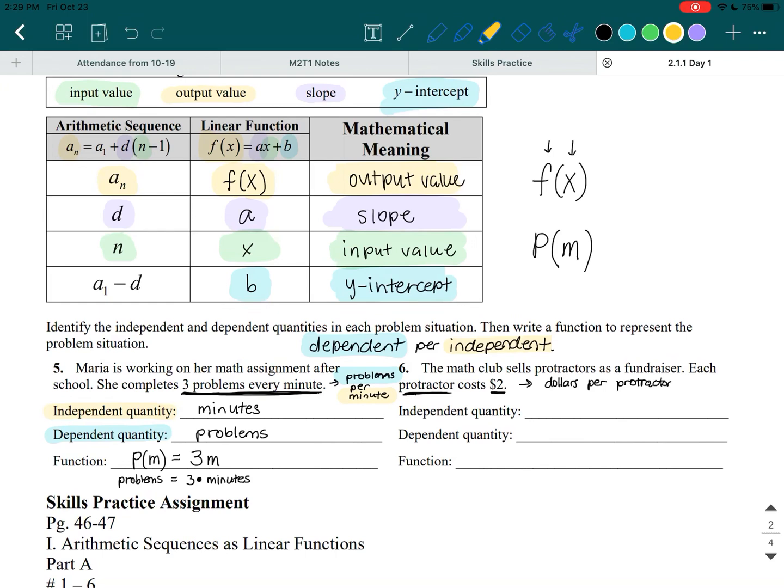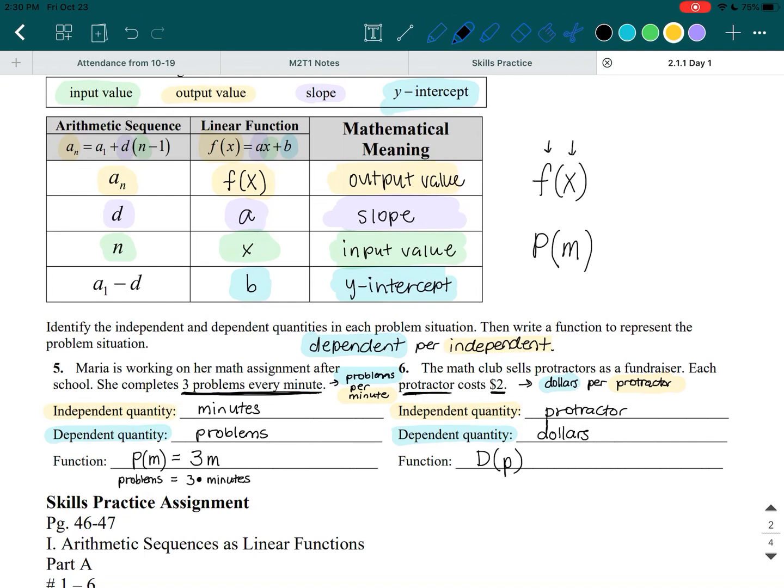And so this tells me that the first word, which is going to be the dependent quantity, is dollars. So dollars is dependent. And the second word is going to represent our independent quantity. And the second word is protractor. Okay, and so then when we're writing our function, I'm going to write dollars per protractor.